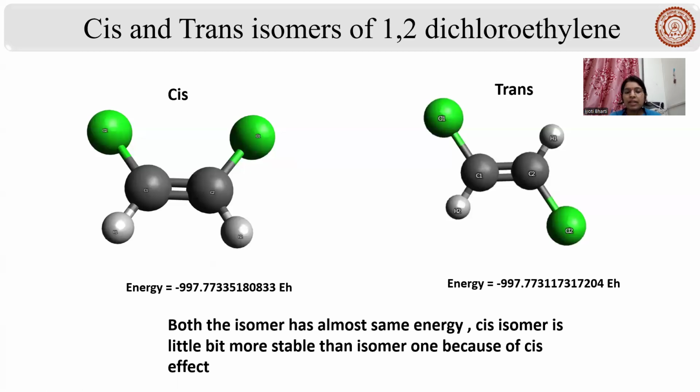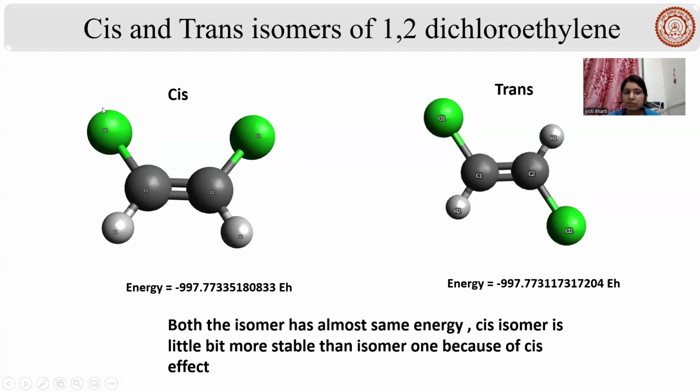We can see that both systems have almost similar energy in Hartree, as they have mentioned, but the cis system is a little bit more stable than the trans. The reason we found is the cis effect. In the cis effect, the chlorine will donate a lone pair to the double bond, and it will get delocalized.